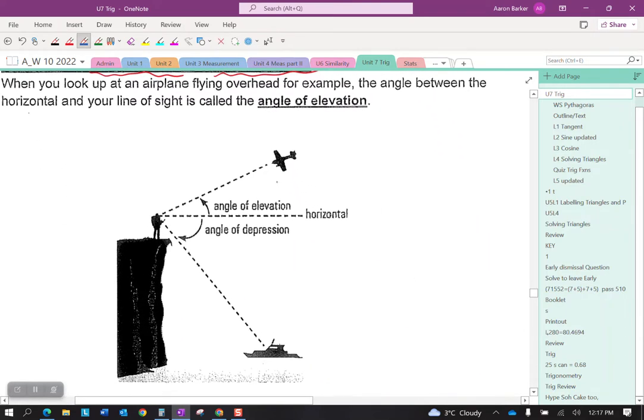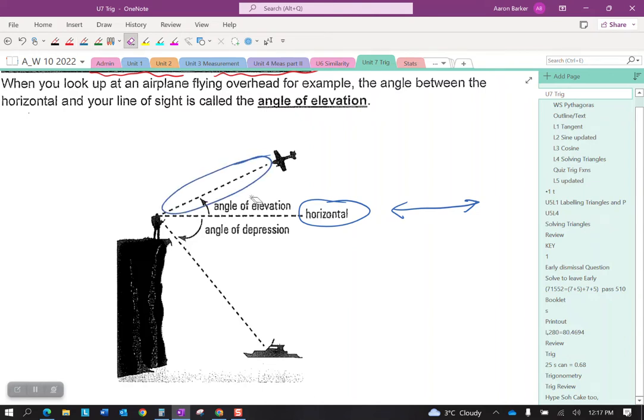So you can see right here, this is a horizontal. It is left to right, just a straight line that's horizontal. Okay, and it's usually connected to a line of sight. And it's a dashed line to show that it's an imaginary line. So then you can draw a line of sight, and again, it's dashed because you're not really connected to the plane. It's your line of sight. It's imaginary.